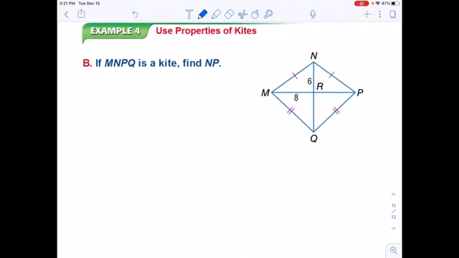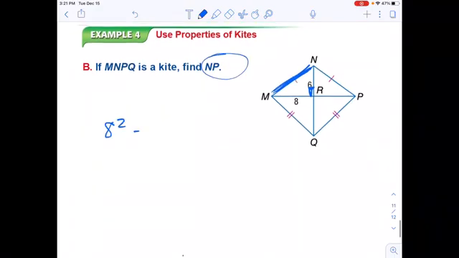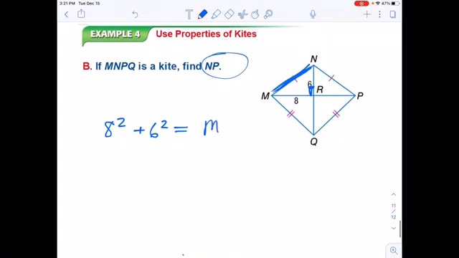And then if this is also a kite, we're going to find NP. Notice this is a perpendicular here. We can do Pythagorean theorem. So we can actually find MN, which is congruent to NP that we want to find. So we are going to take 8 squared plus 6 squared equals NM squared or C squared.